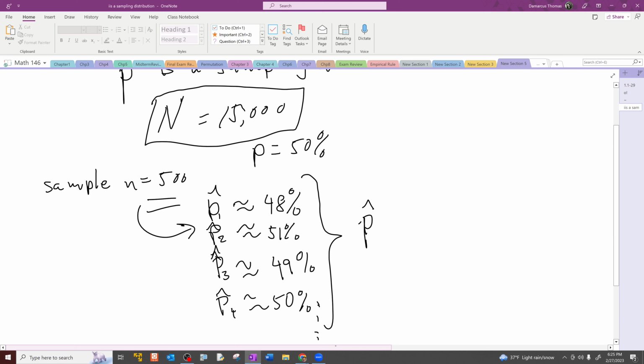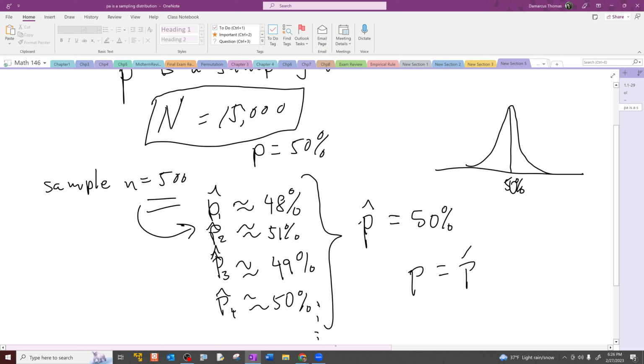And if we were to graph them all out, it'd be this. We would get a little bit less than 50%. We'd get a little bit more than 50%, but all of these combined, averaged out, will also be 50%. So the first thing you need to know is that the population proportion is equal to the sampling distribution proportion for some n big enough.